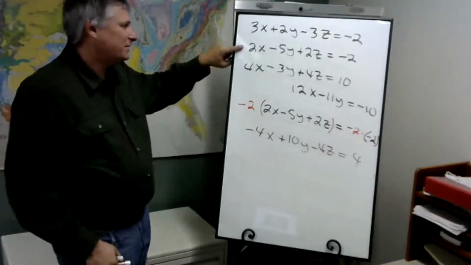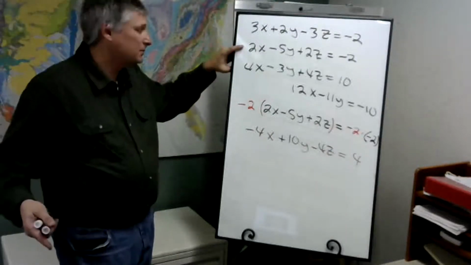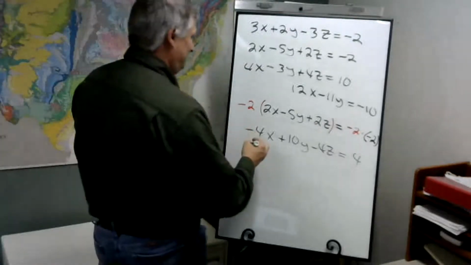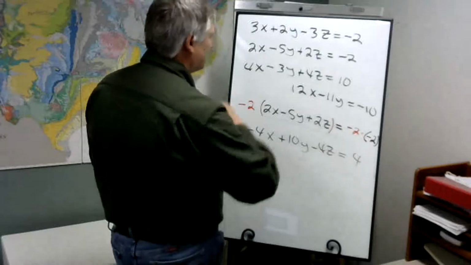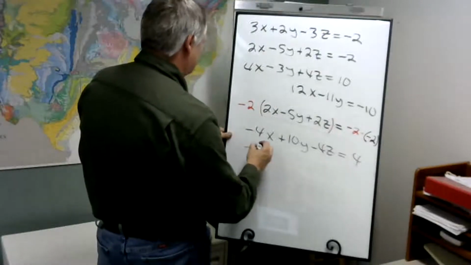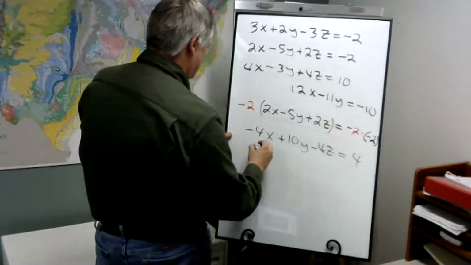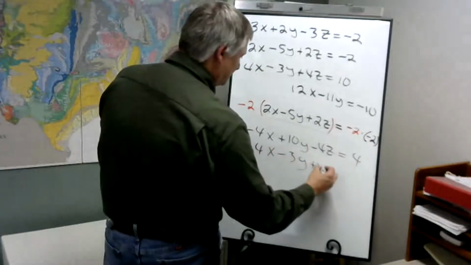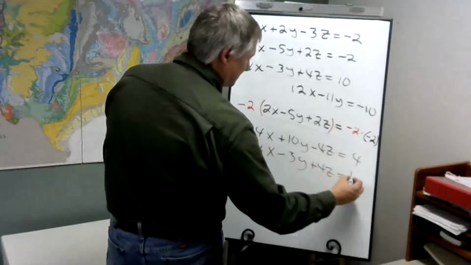So that's what we did to the second equation. We multiplied through by negative 2. Now we add it to this one. Oh, shoot. Okay, this one might actually work out a little nice. We'll get 4x minus 3y plus 4z, and that'll just be 10.